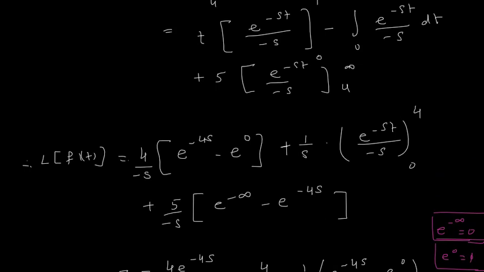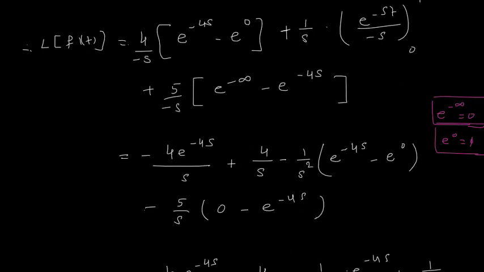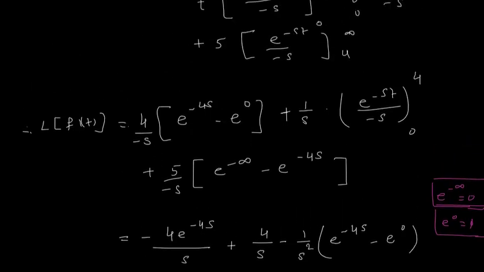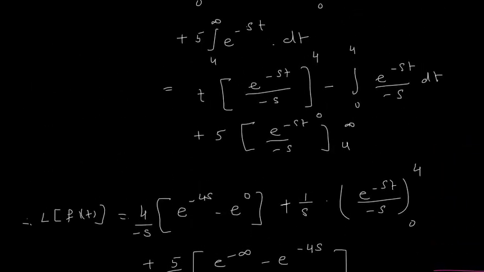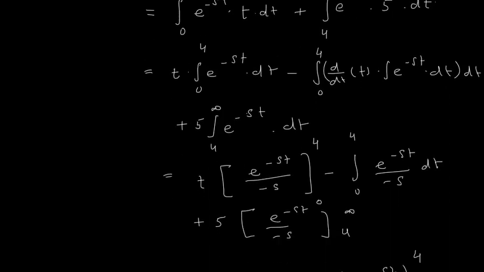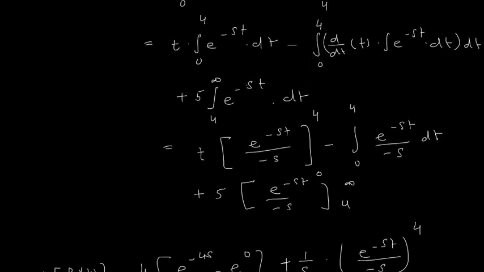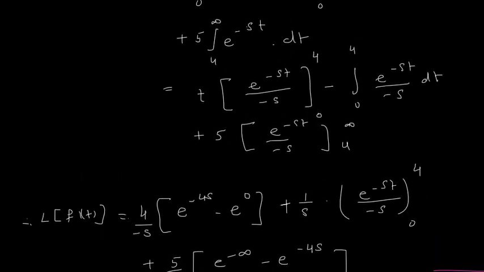Okay, yes, you can find the mistake again. Okay, upper limit minus lower limit. So here from the beginning itself, t into e power minus st. So here the limit is for t, so this t cannot be outside, this t should be inside, so I should write t here.